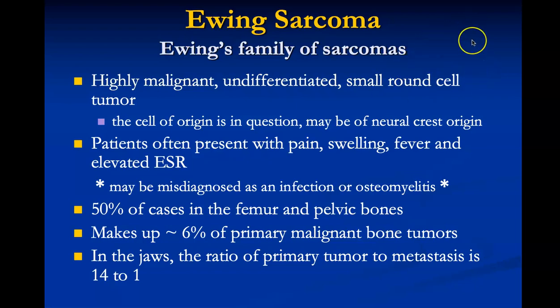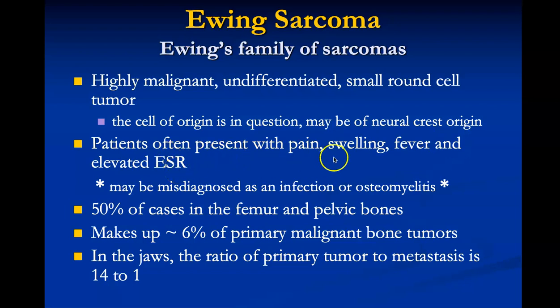The cell of origin is disputed in this. They think it's coming from neural crest, as many of the other small round blue cell tumors are, but we don't know for sure. An interesting feature with this particular tumor is that it's a malignancy that is acting like an infection, like a benign lesion. So patients often present with pain and swelling, but with fever and an elevated erythrocyte sedimentation rate.